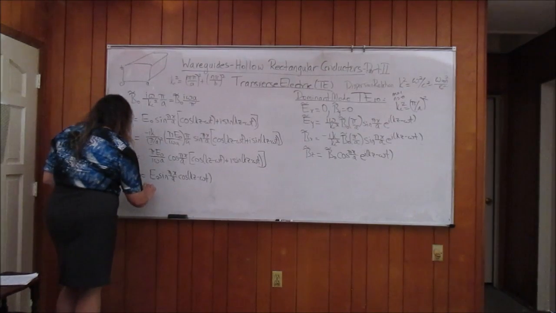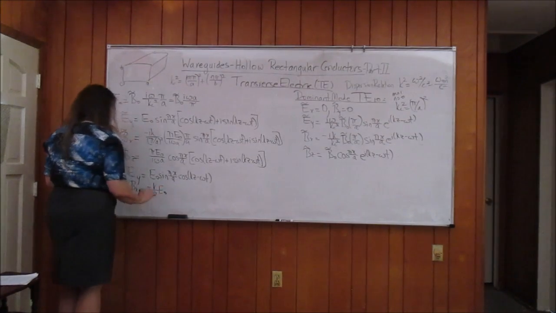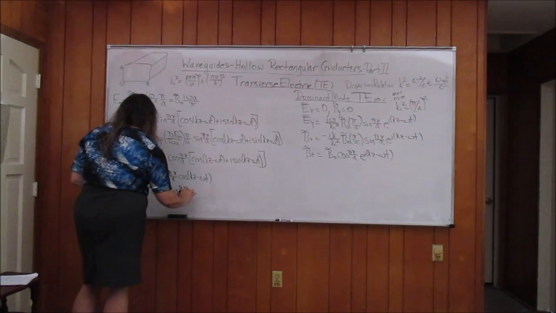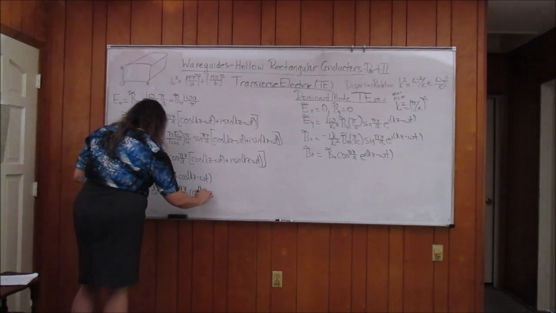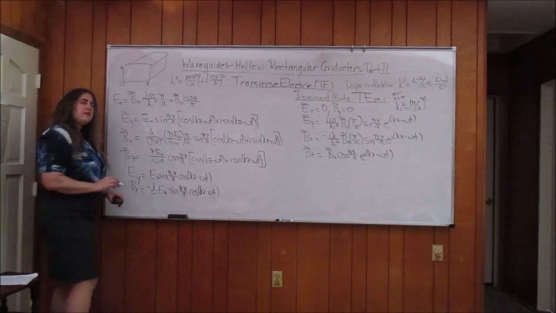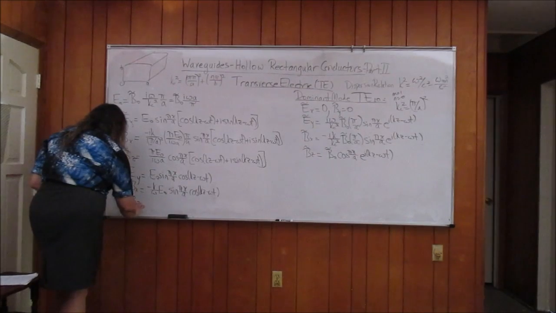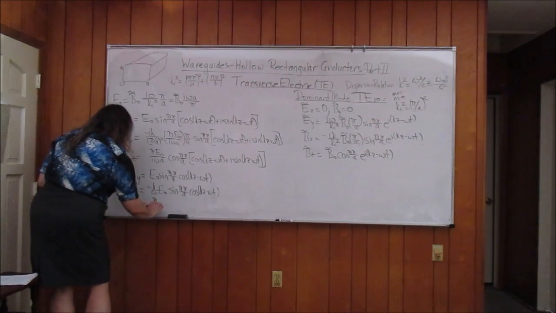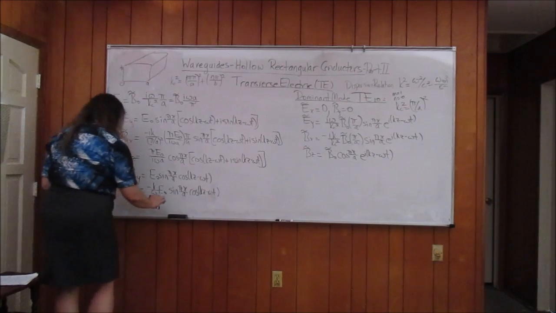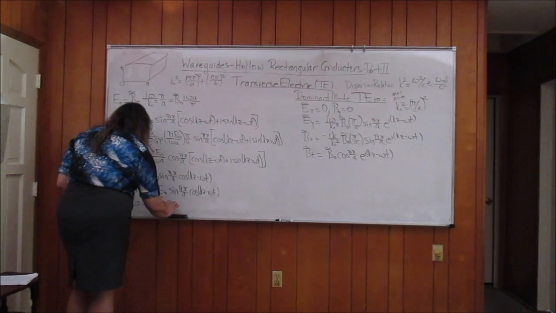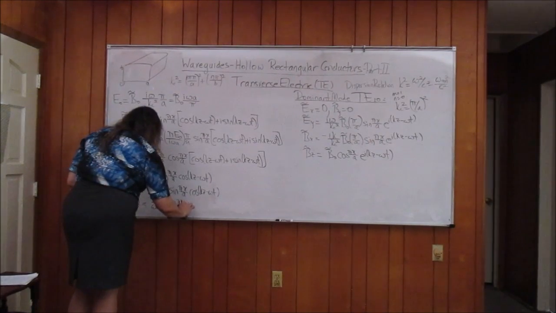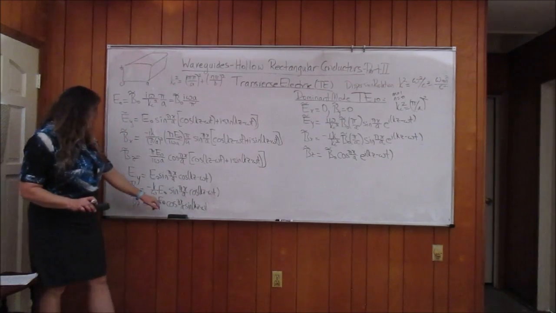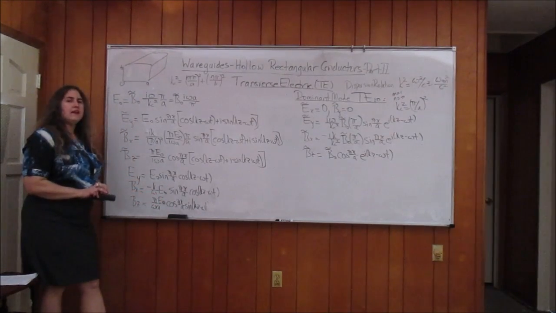B sub x is equal to minus k over omega E naught sine pi x over a cosine kz minus omega t, and then last but not least, B sub z is equal to pi E naught over omega a cosine pi x over a sine kz minus omega t.